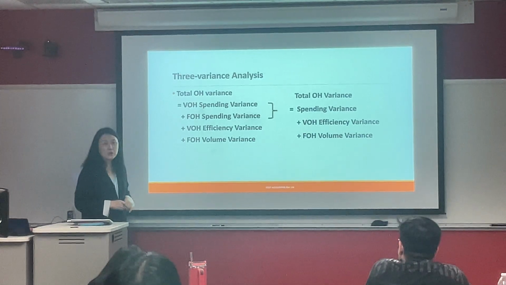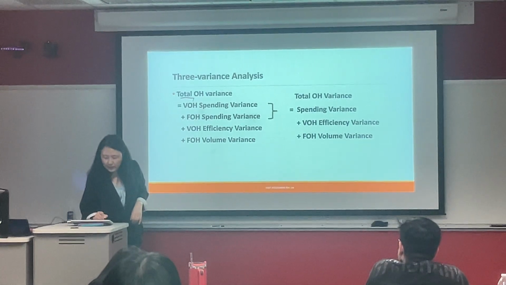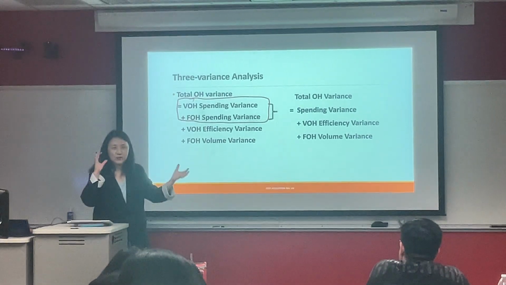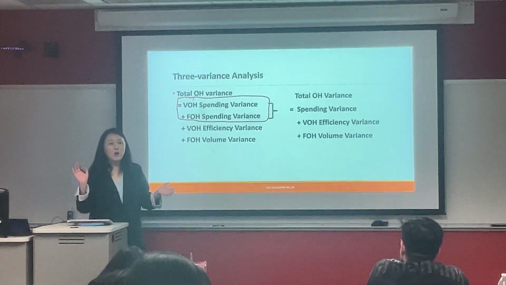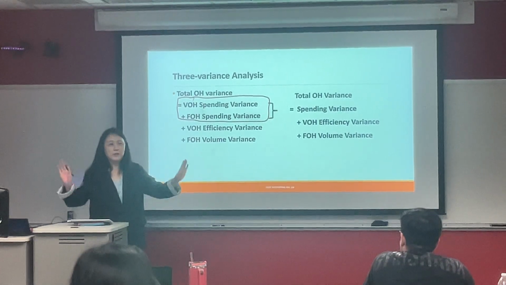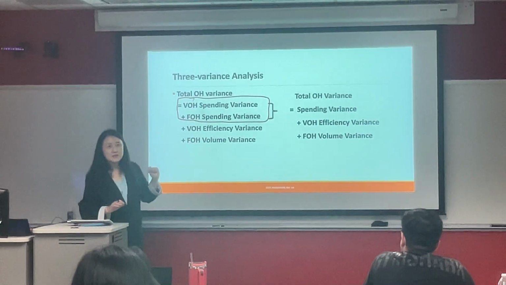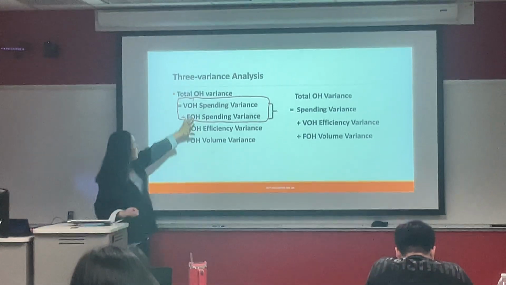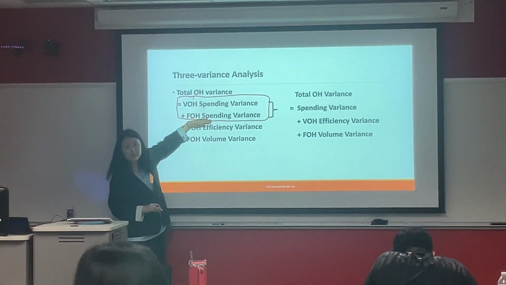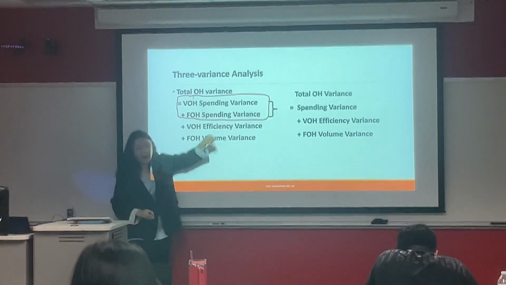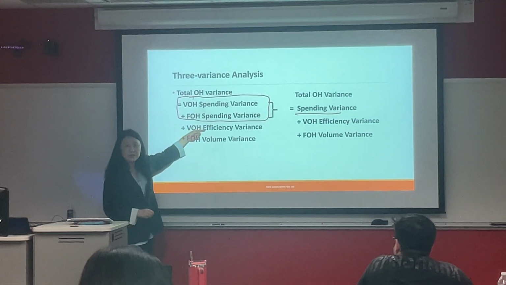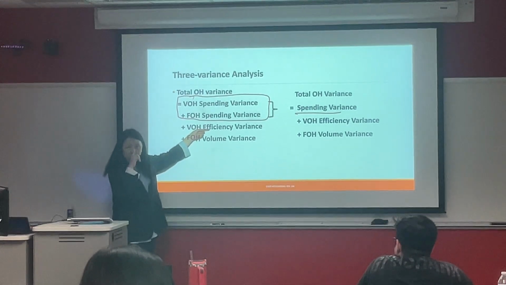Now, if you want to look at the 3, the formulas actually look different, and you can easily get overwhelmed with all the different kinds of formulas. That's why I don't like formulas. But if you look at the 3, essentially you add the variable overhead spending and the fixed overhead spending together and call that the spending variance, and then you separately consider the usage variance for variable overhead.